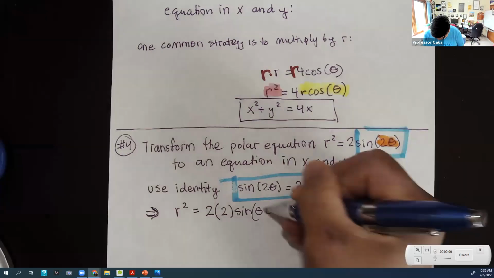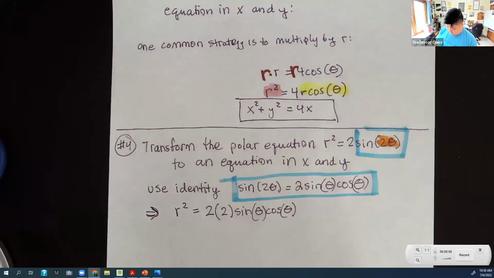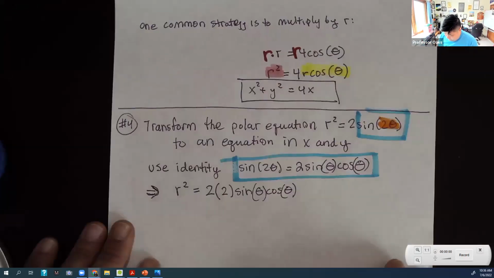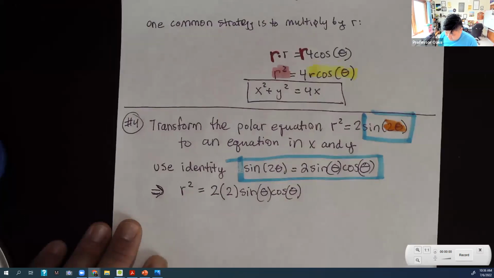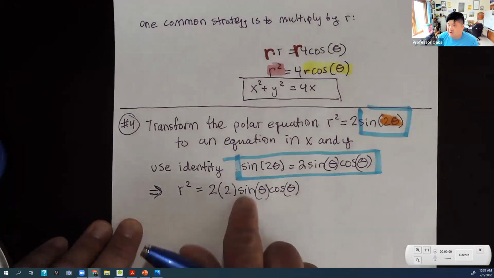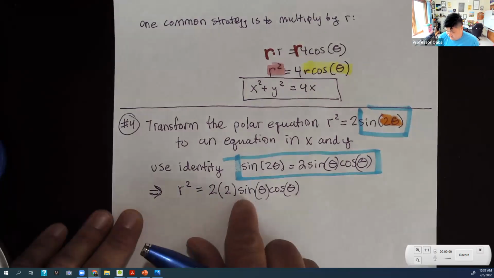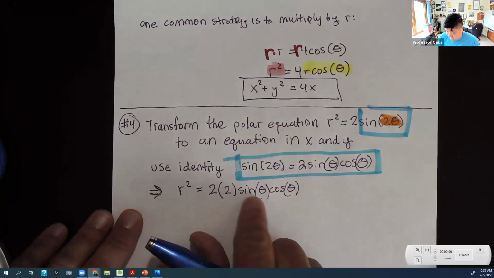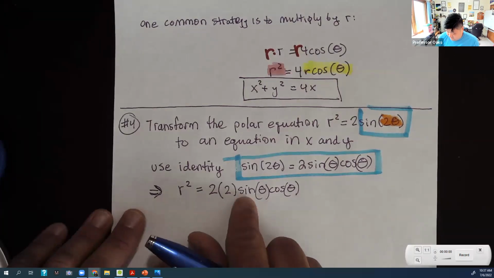And then if you remember what happened in the last example, and this all depends on how you want to think about it, whenever you see these sines and cosines, you need to have an r in front of them.